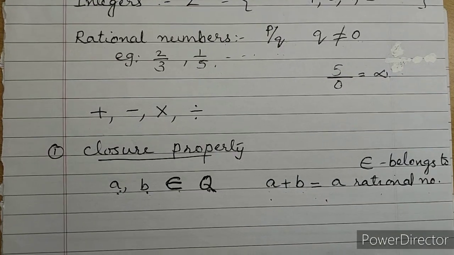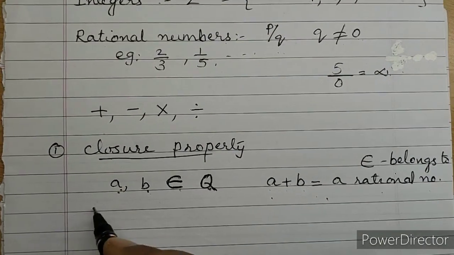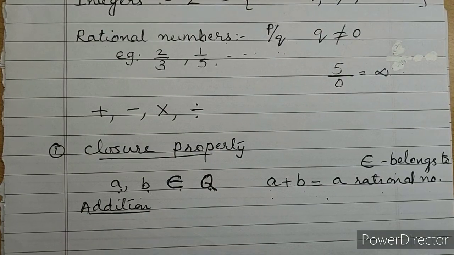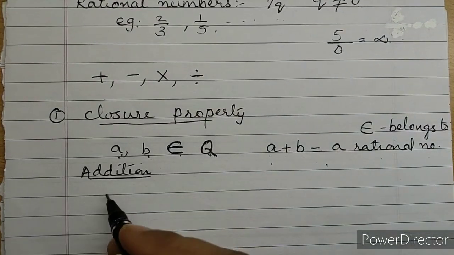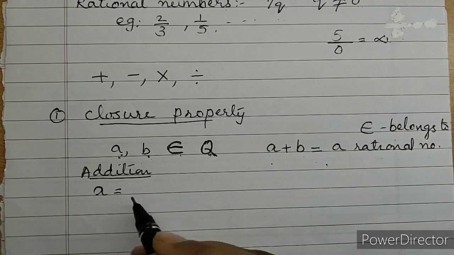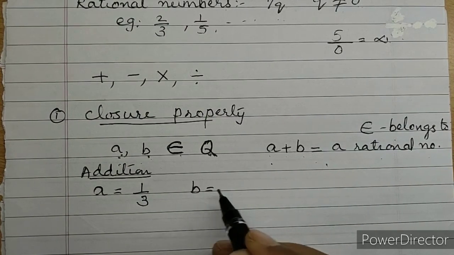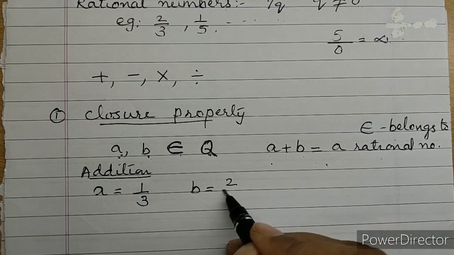So first we will check addition. Take example, let A is equal to 1 by 3 and B is equal to 2 by 3.